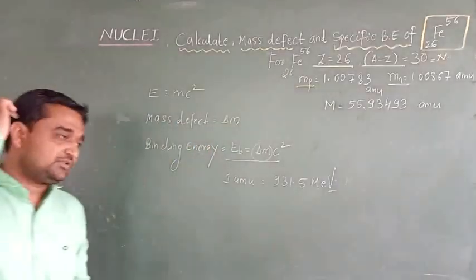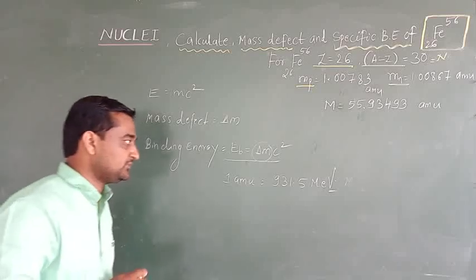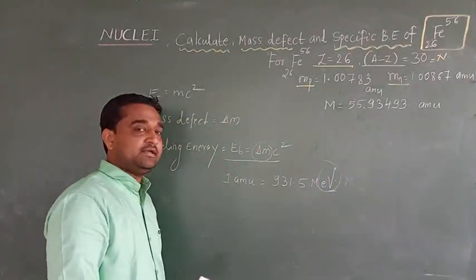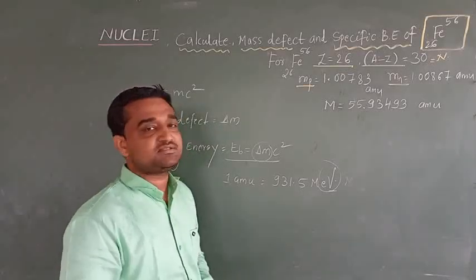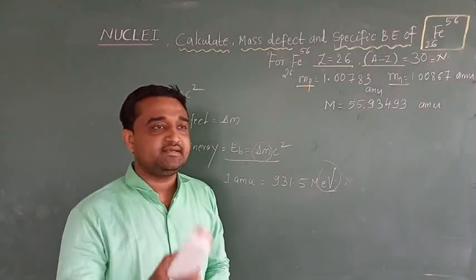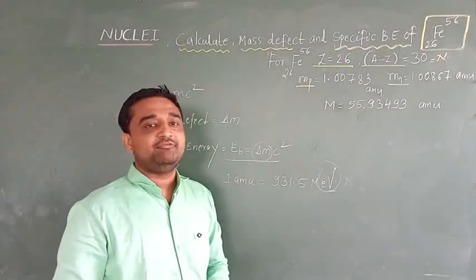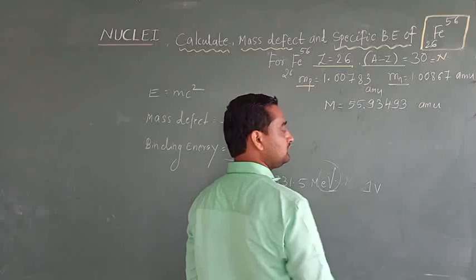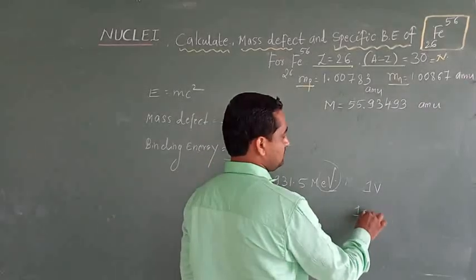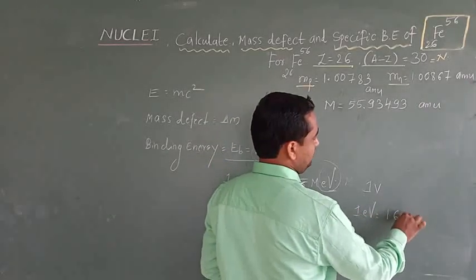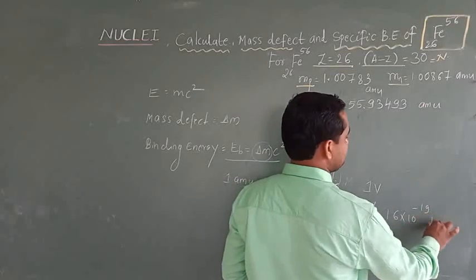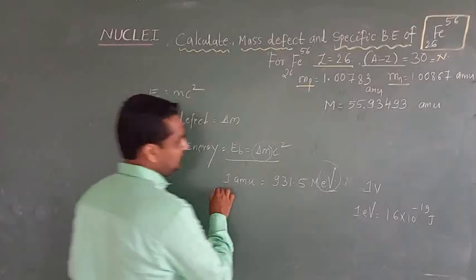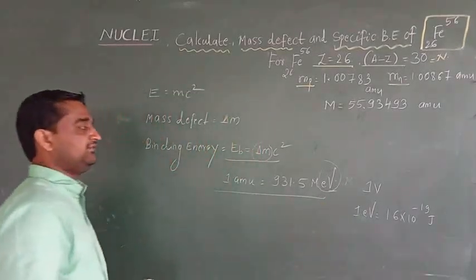Electron volt is the unit of energy used in atomic and nuclear physics. 1 electron volt is the kinetic energy gained by an electron when it is accelerated through a potential difference of 1 volt, that is 1.6 into 10 to the power minus 19 joule. All these relations we discussed in the previous class.